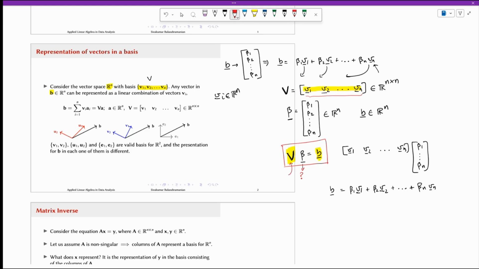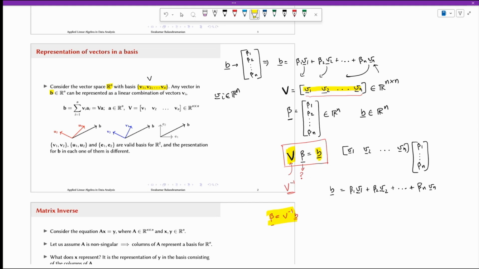There are n columns. So it's a square full rank matrix. That means its inverse exists, V inverse, and if I know V inverse, I can obtain beta. That means beta is essentially given by V inverse b.